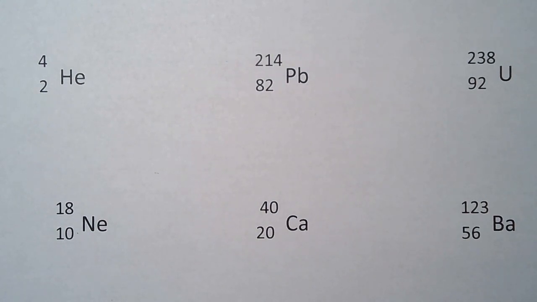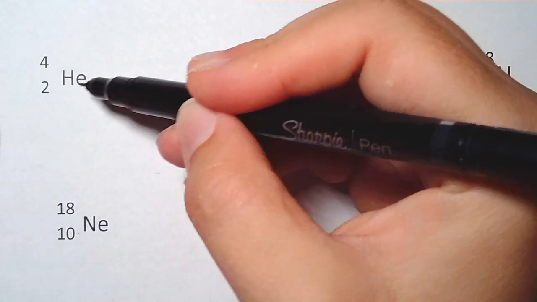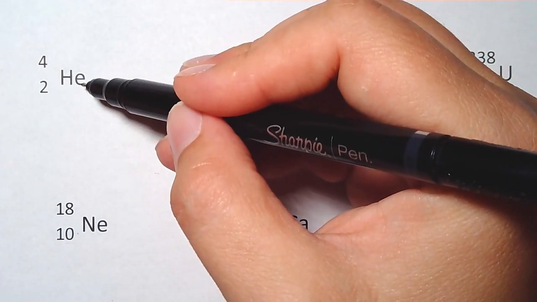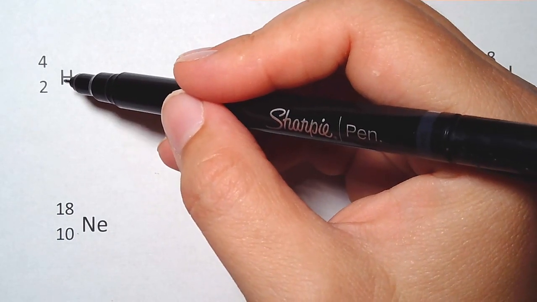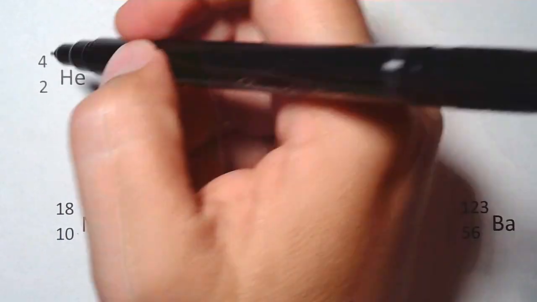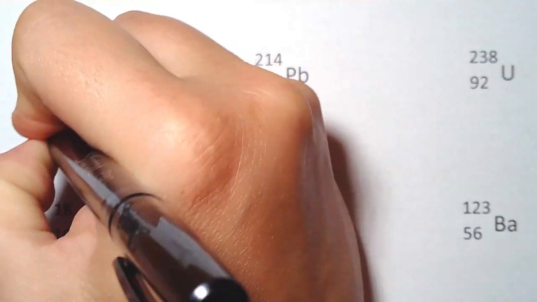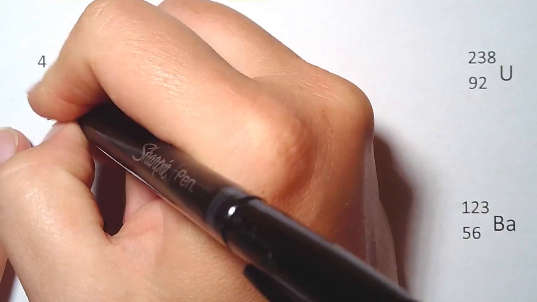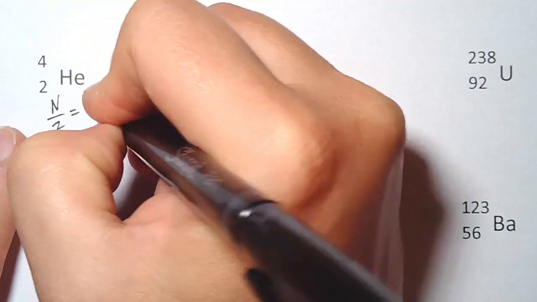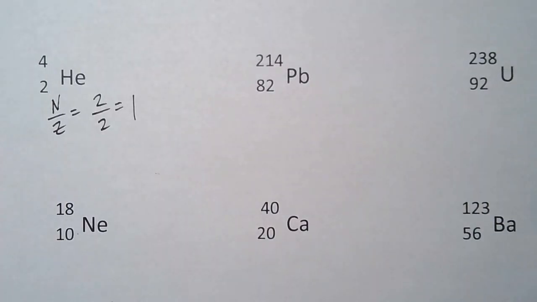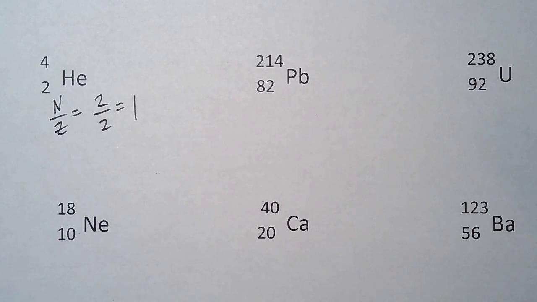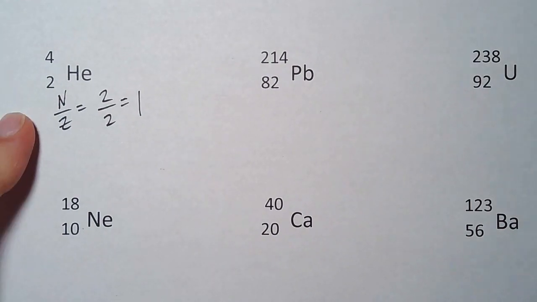So let's look at the first one, helium-4. It's definitely not too large. This is a small isotope. NZ ratio, we have 2 neutrons to 2 protons, so that's 1. Since it's a small isotope, an NZ ratio of 1 is perfectly fine. So this one is stable, no decay.